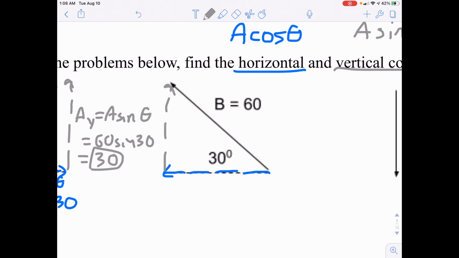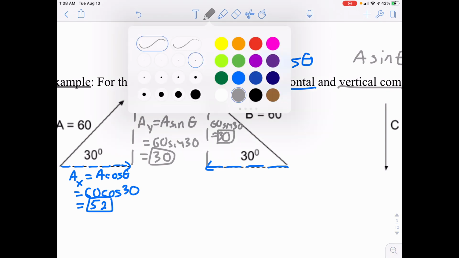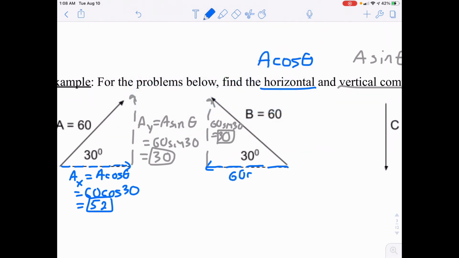So you're still going to end up with 60 sine 30, or 30 going up, and we're still going to end up with 60 cosine 30, because this is the adjacent side of the triangle, which is still 52. So that didn't change.